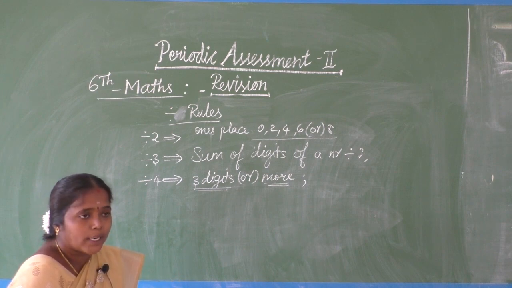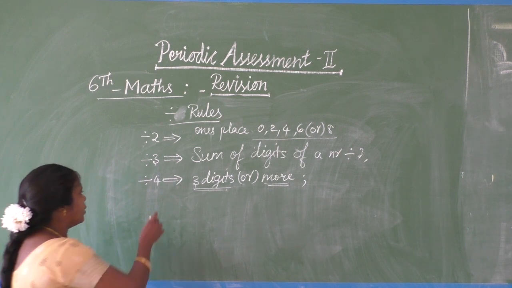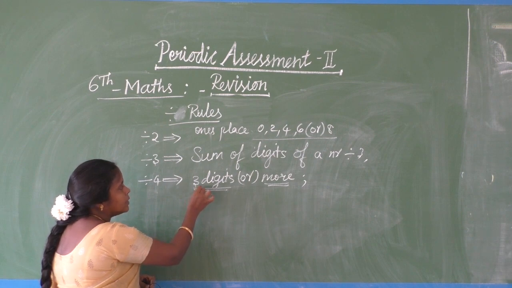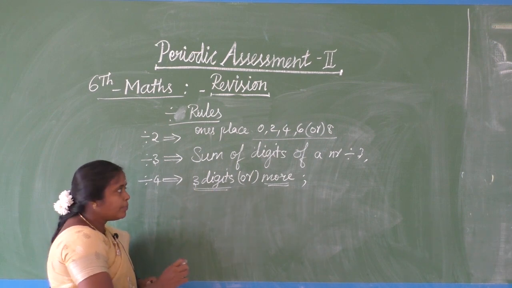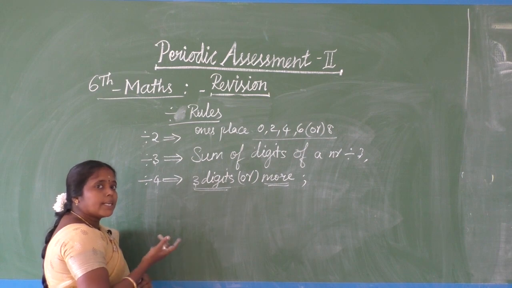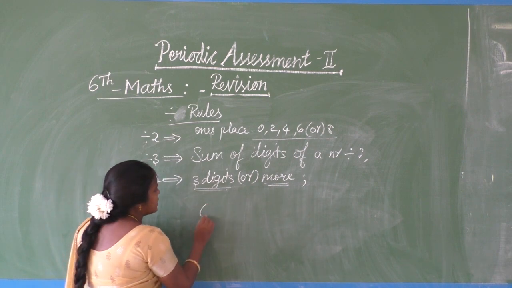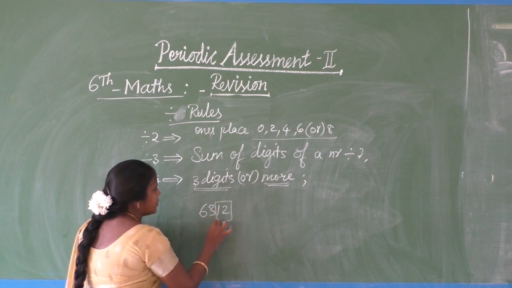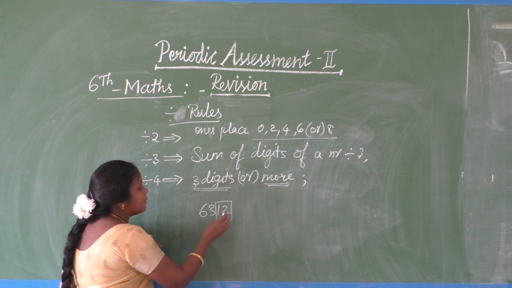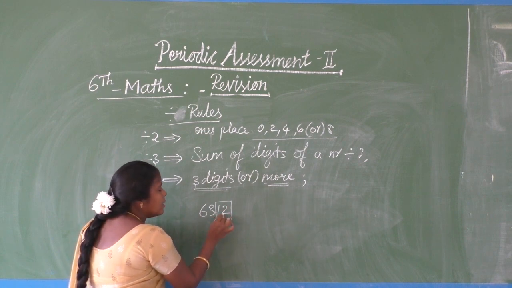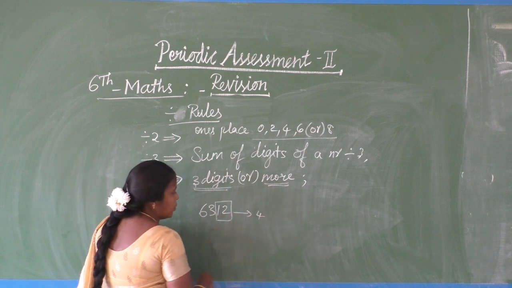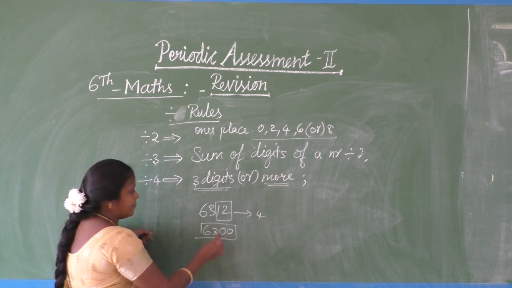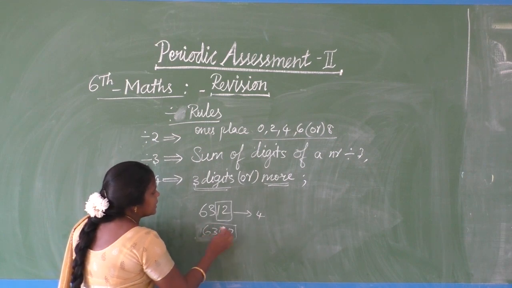Before applying this rule, the number must contain 3 digits or more. Second condition, for example 6312, in its last 2 digits, the number should be either a multiple of 4 or 0 0. That means that number is divisible by 4.